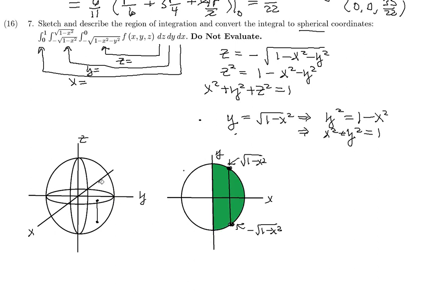Okay, so on this drawing, that's x positive. So that's going to be the front half of that circle. So it's going to be here. And that little piece. So we're going from the bottom of the sphere up, but we're only doing that on the front half.